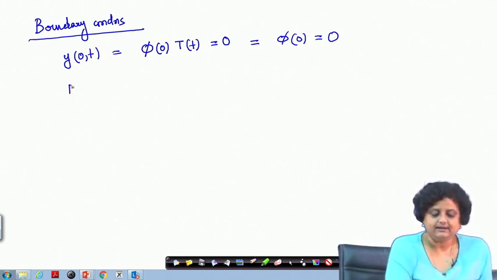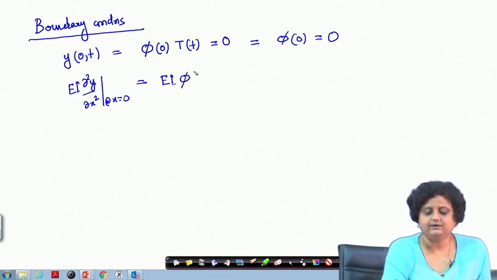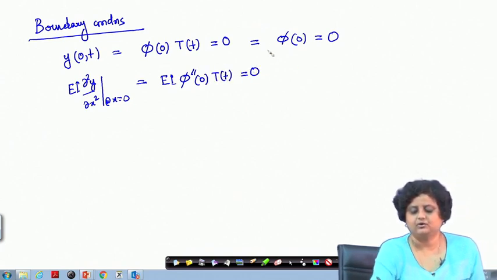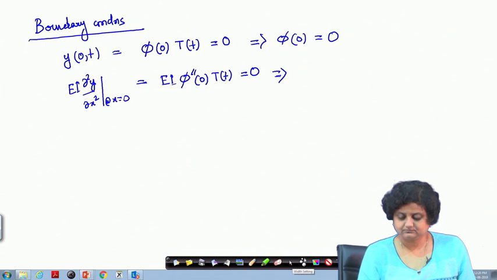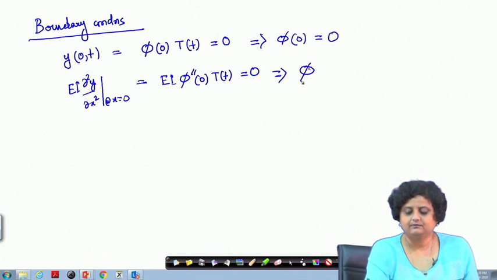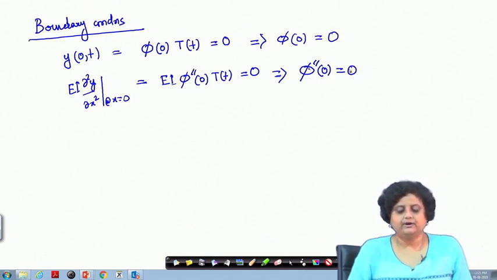And similarly, E I del 2 y by del x square at x equal to 0 is going to be E I phi double dot 0, which should give us 0. So, these are the two sets of boundary conditions that we have.